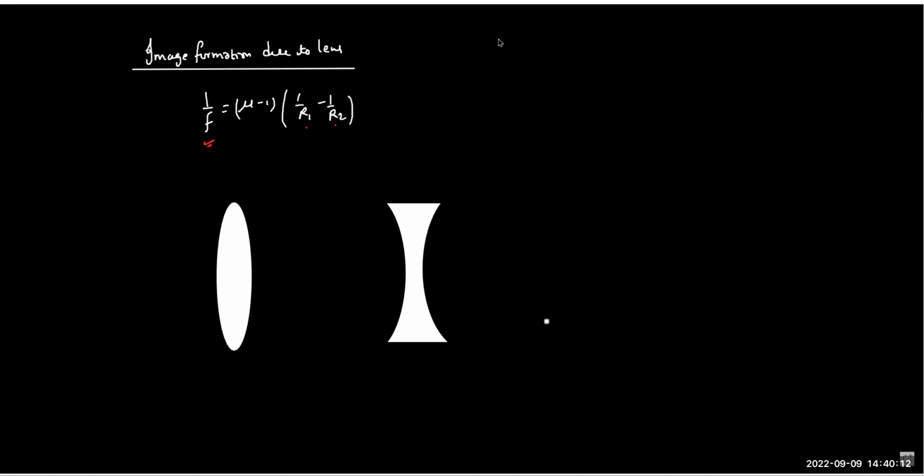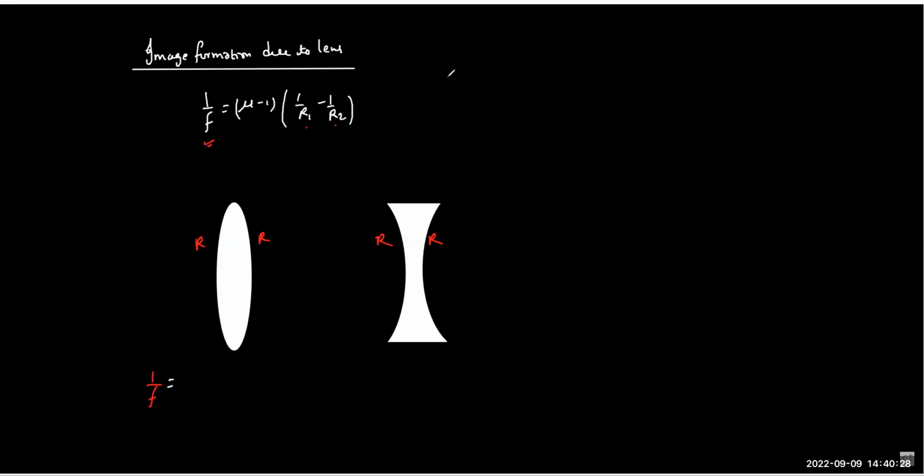So if lens are either equiconvex or equiconcave, the R will be same, and therefore the focal length we can write as follows.